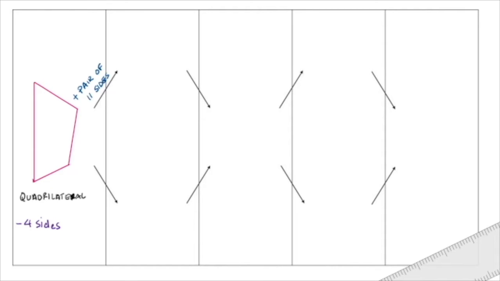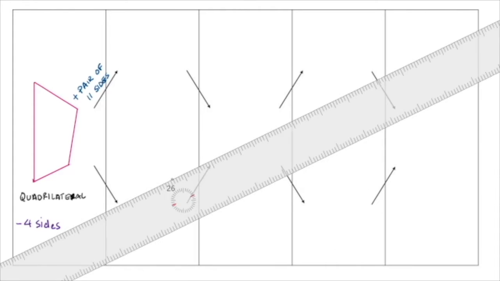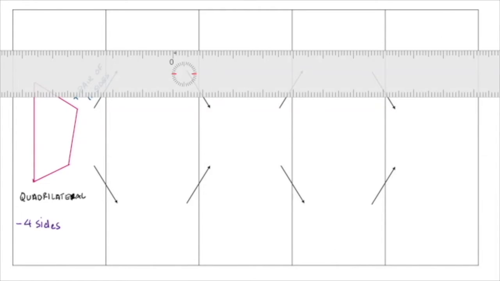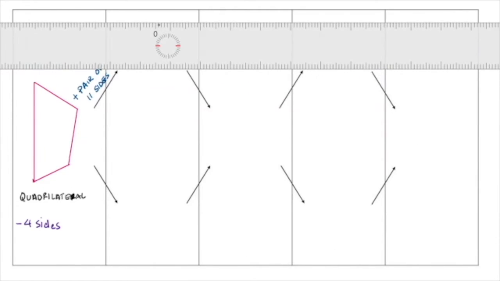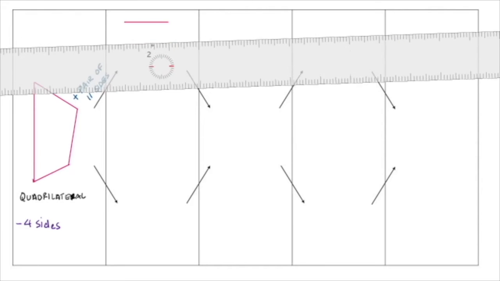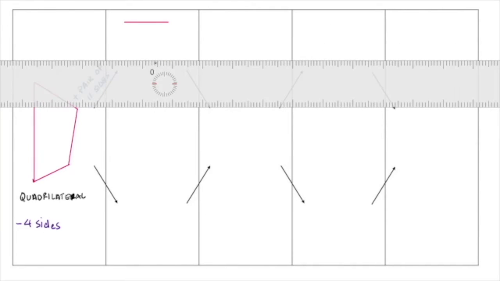We give our two parallel sides and we get a really funky shape. Hopefully you've been able to guess the shape. The shape we're making is a trapezium.